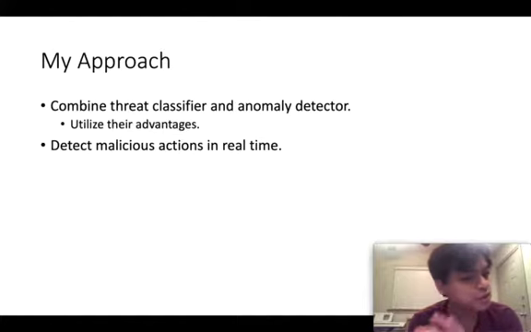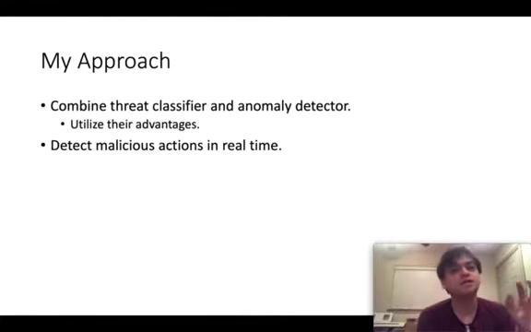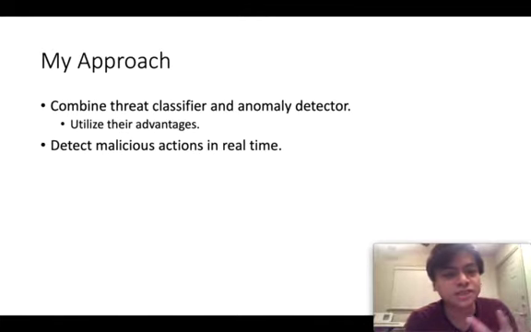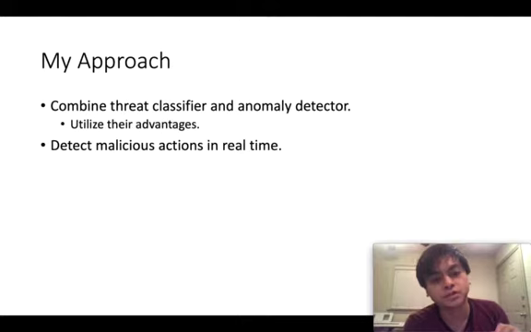And I'm going to use this to detect malicious actions in real time, which means that whenever a user or an employee performs an action, the learning model will evaluate whether or not this action is malicious. Of course, we will use the past actions of that user as well to be considered.